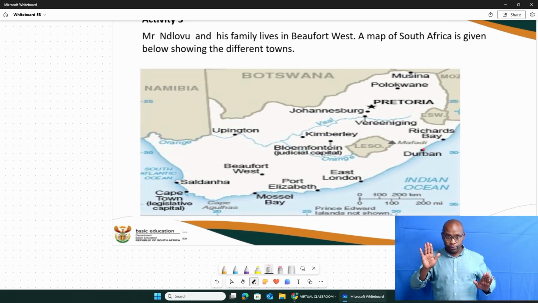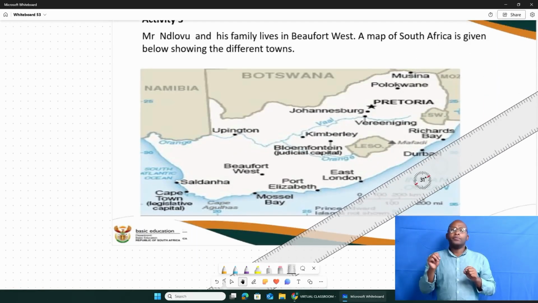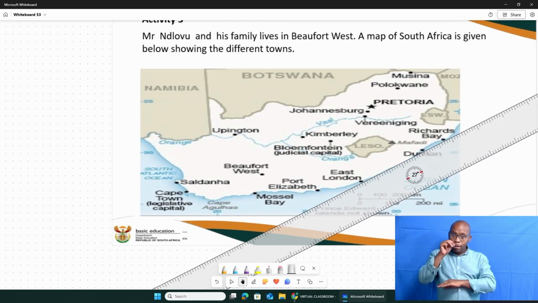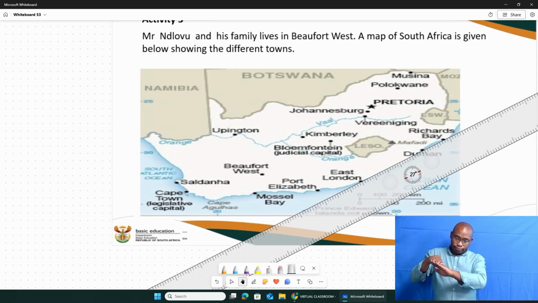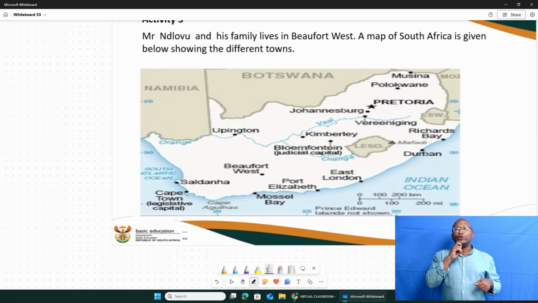Remember, the ruler also has millimeters. If I take the ruler and measure from Durban to East London, it's 10, 20, 30, 40, 50. Now I can say it's 50 millimeters.